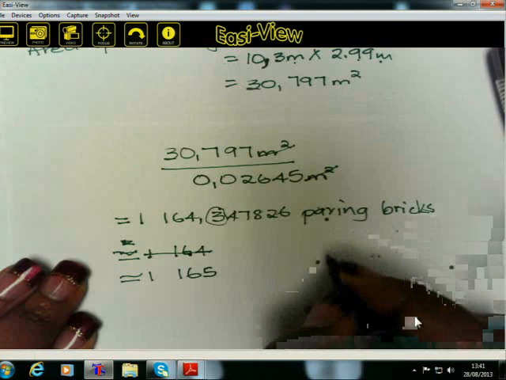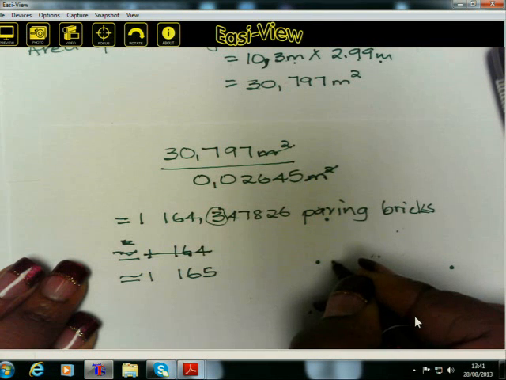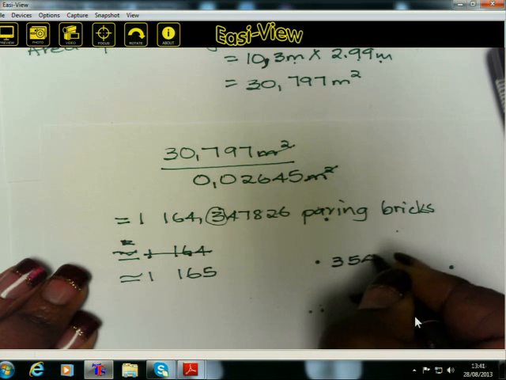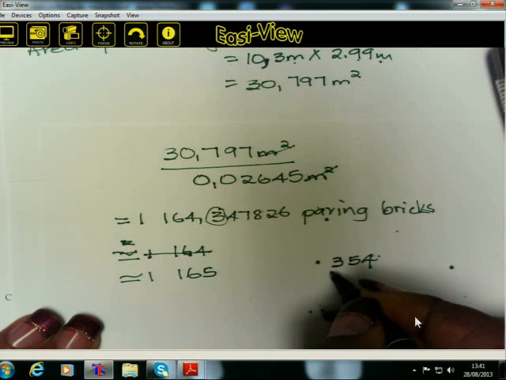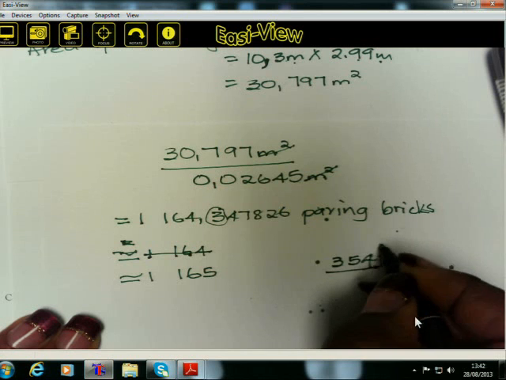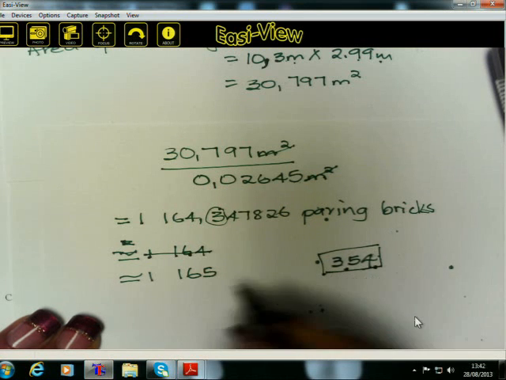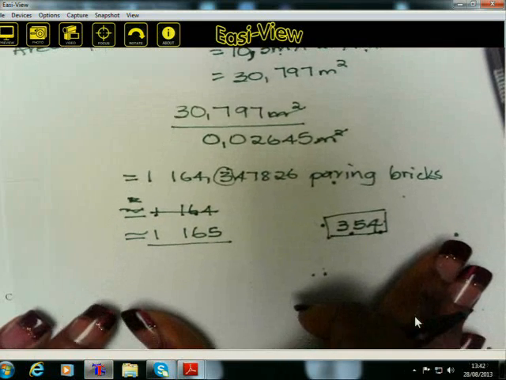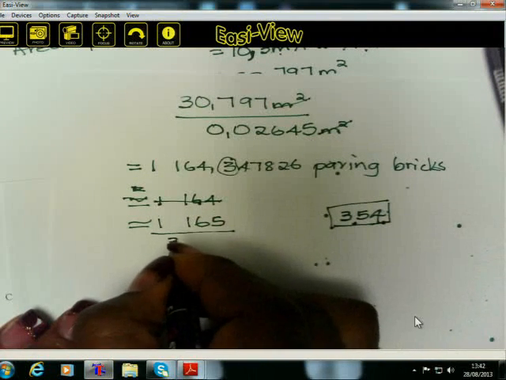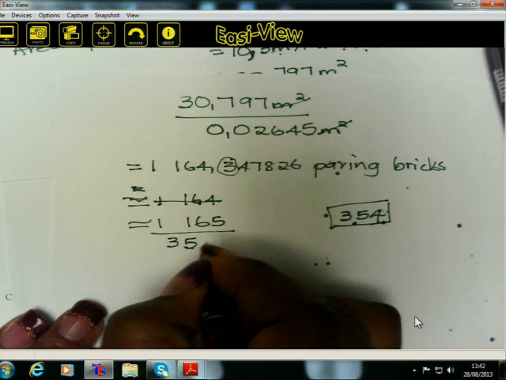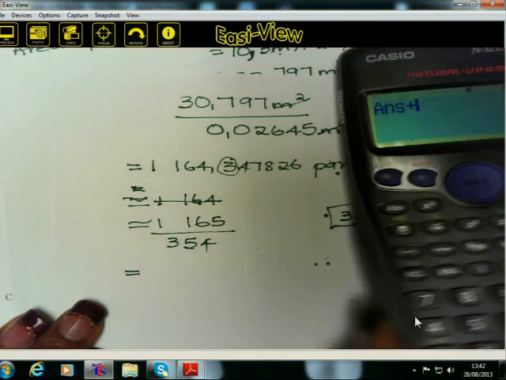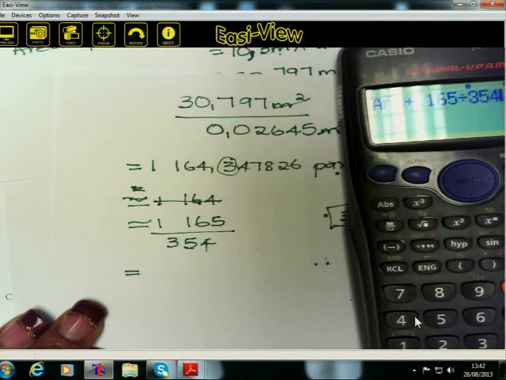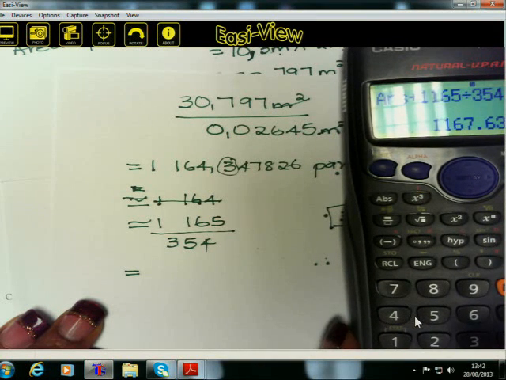Now, we must also remember, we were given the information that each pallet consists of 354 bricks. If a pallet consists of this number of bricks, we need to know how many pallets we can get from this number of bricks so that we can place an order for the number of pallets that we need. So we can just divide 1,165 by 354 bricks.